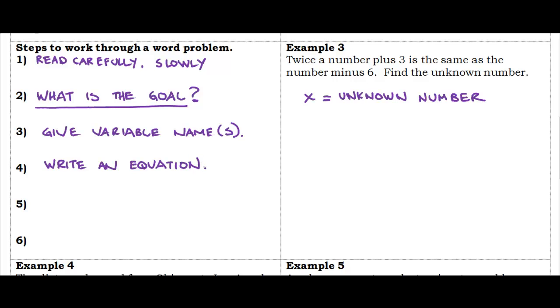And here's where the translation comes from. Twice a number. What do I write? 2x plus 3 is the same as equals the number x minus 6.